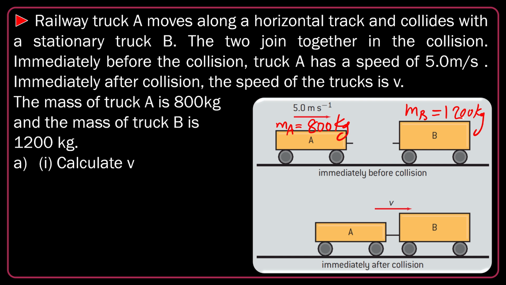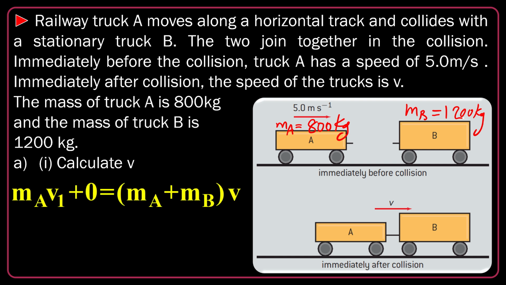To calculate V, I can just use conservation of momentum. I have no conservation of energy here. So the total momentum before is m_A times v1 plus 0, because B is initially at rest. After the collision, m_A plus m_B, the total mass, times the common velocity of the system.